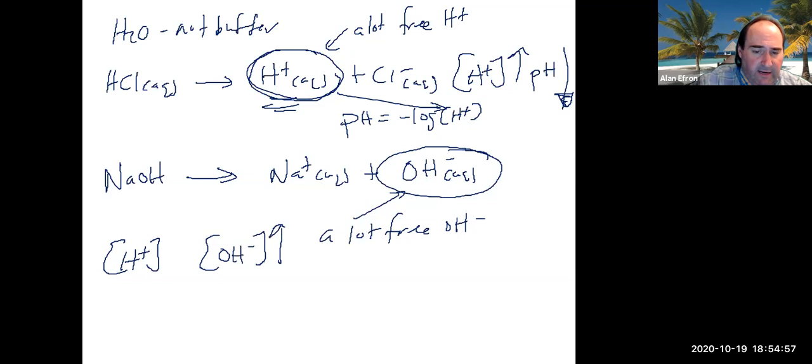If you make a lot of OH minus, the amount of H plus goes way down, and the pH goes way up. So perhaps our water goes from a pH of 5 all the way up to maybe a pH of 10 or something like that when you add the OH minus. So in water, which is not a buffer, it has no way to handle it when you add an acid or base to it.